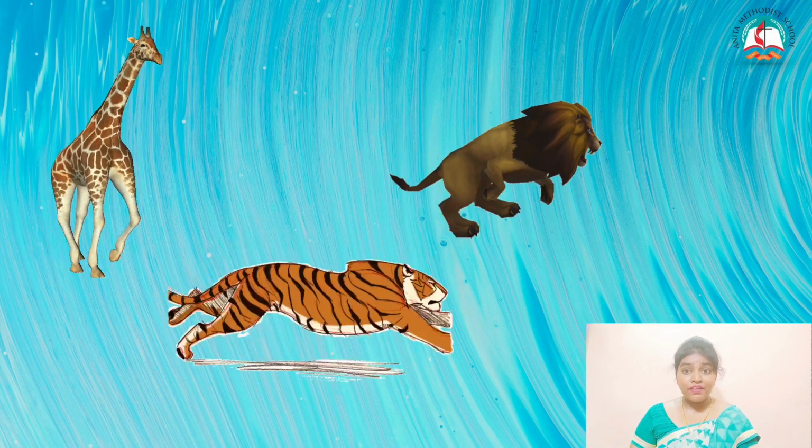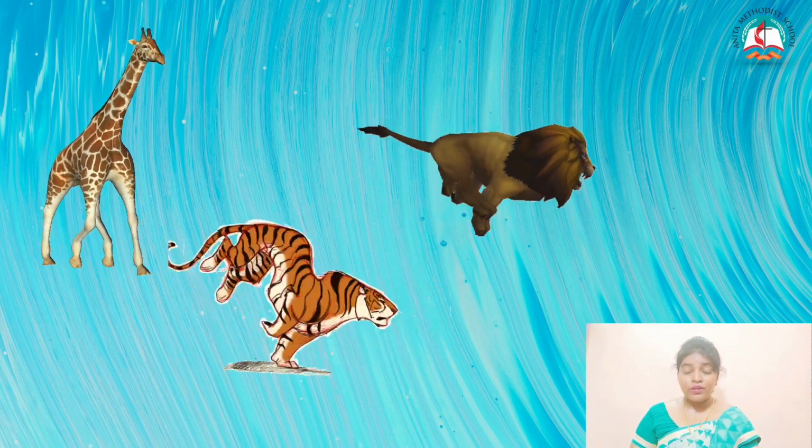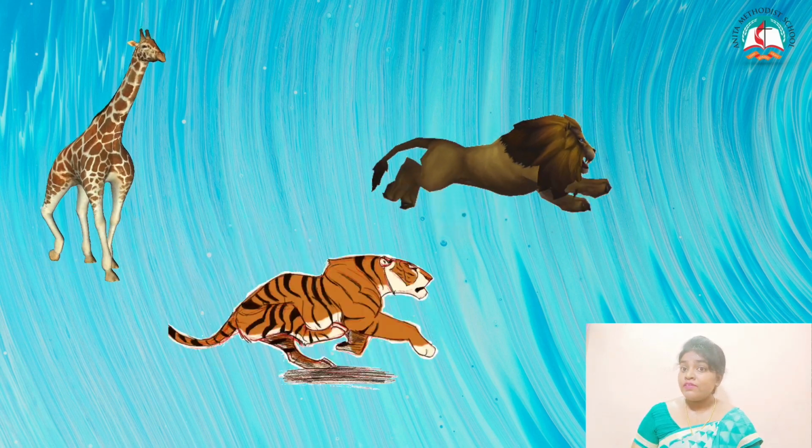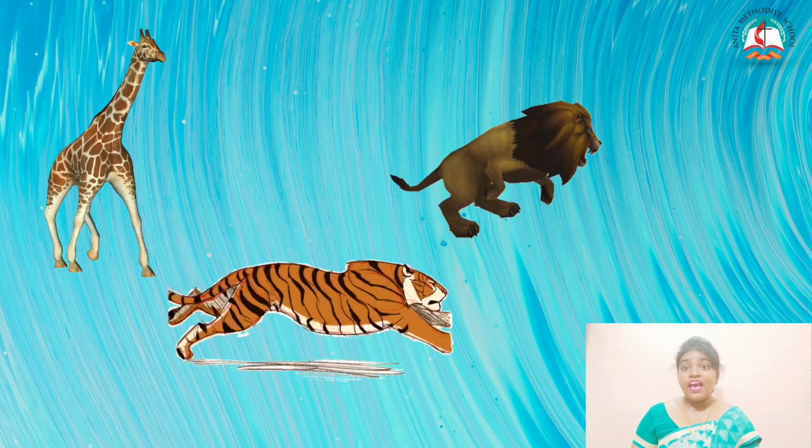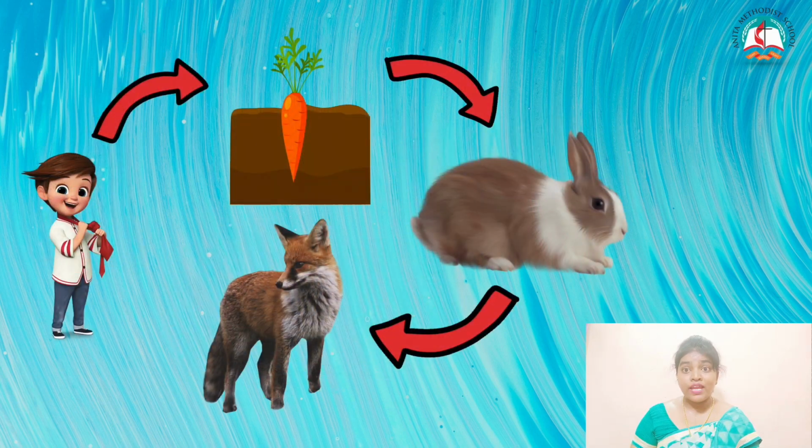Somehow we depend on each other in the ecosystem. So we all live in an ecosystem and we depend on each other. For example, we depend on plants for food. And the rabbit eats the carrot, right?